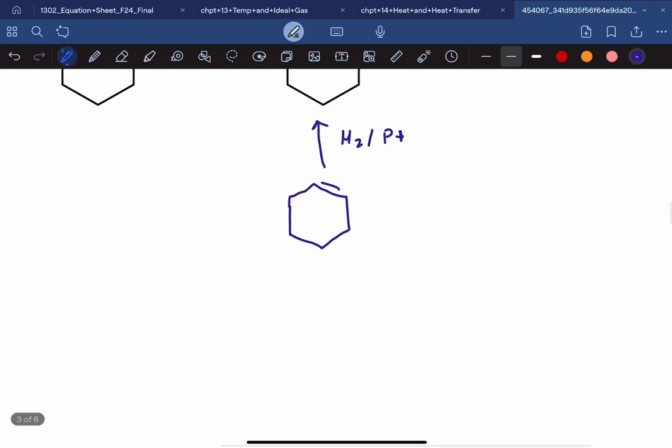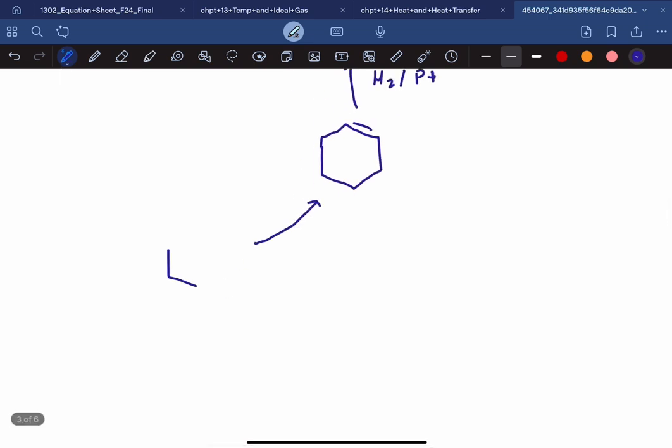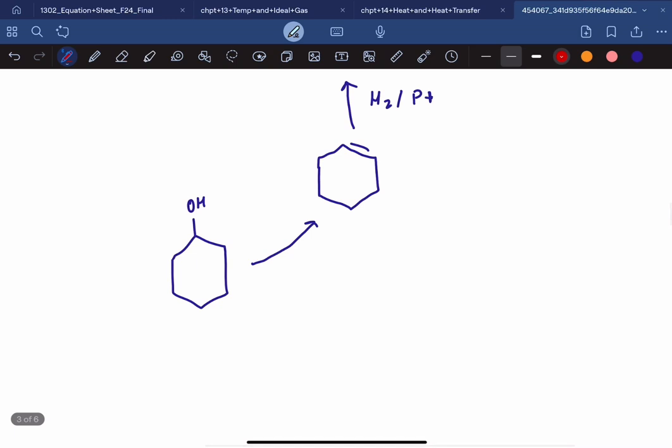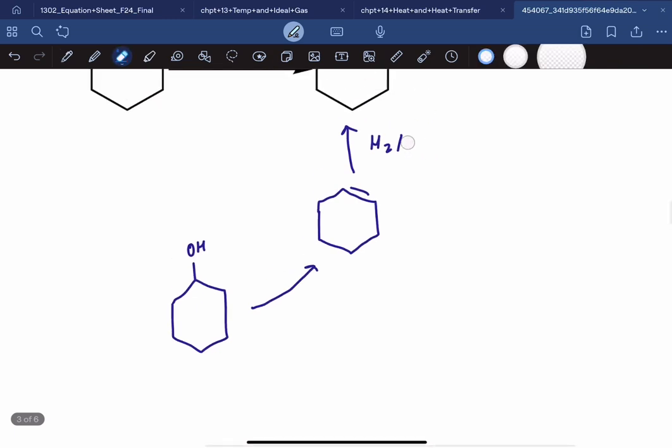How do we form alkenes? There's a few ways, but we can form an alkene from an alcohol, right? And how would you convert that? Let me just change the color real quick for it to be more clear.